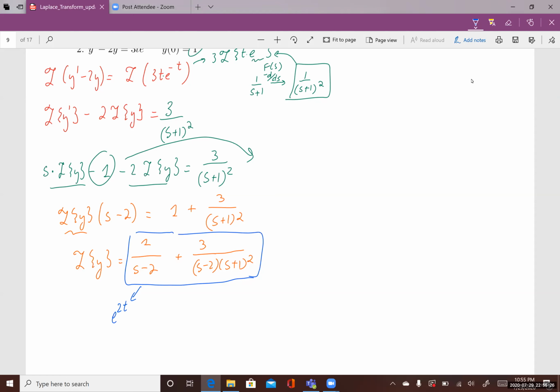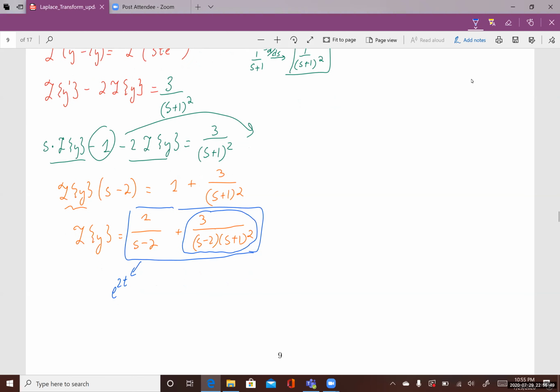Okay, how about these functions right here? Because we have a product of two functions in the denominator, and we don't have any Laplace transform in this form, we need to break this fraction into multiple fractions, and we have to use the partial fractions technique.